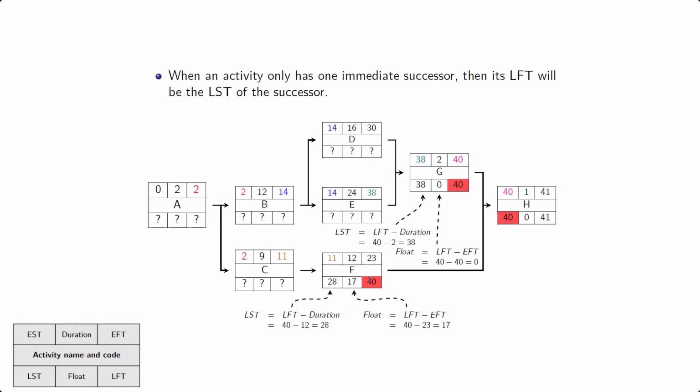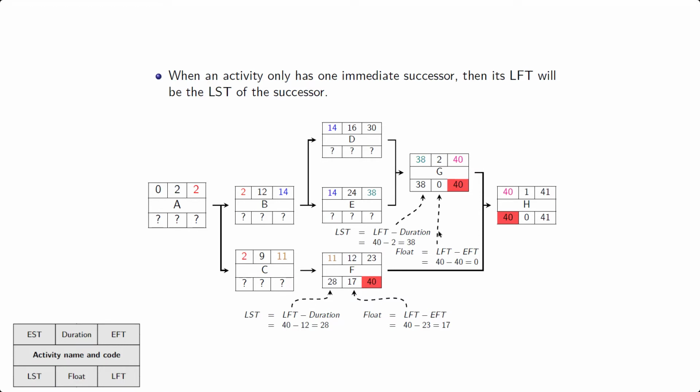It's the same story here with F. So for G here, the float is going to be 40 minus 40, and the latest starting time, 38, well, that's just 40 minus 2. Same with F, 40 minus 23, that's going to be 17, and the latest starting time, 28, so that's 40 minus 12. So when the float is 0, that means that you cannot delay the activity without delaying the entire project.